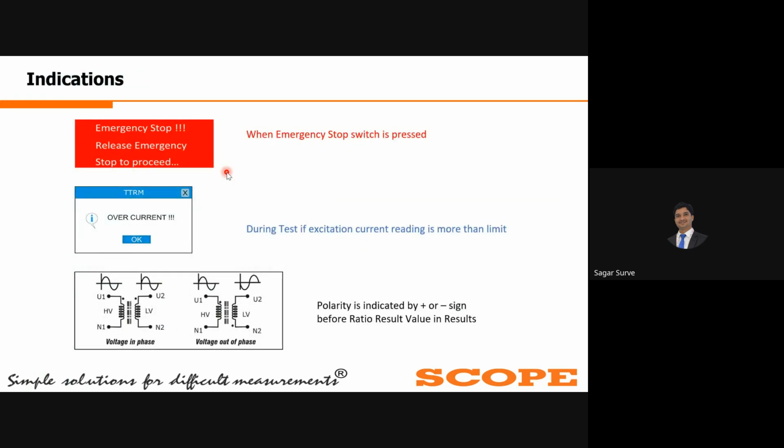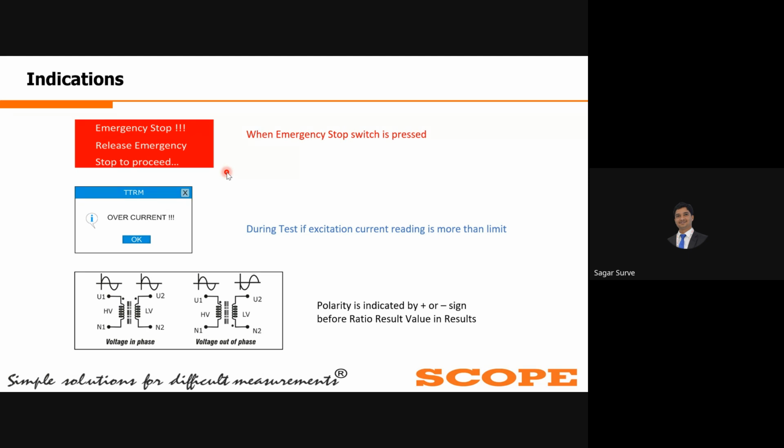So, various indications on the kit. Whenever we come towards the testing of electrical assets, safety is most important. So whatever instrument we are using should give various indications on the screen.